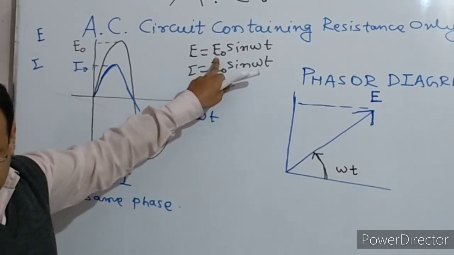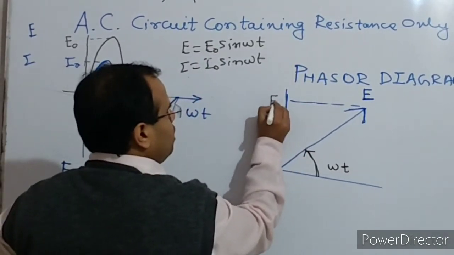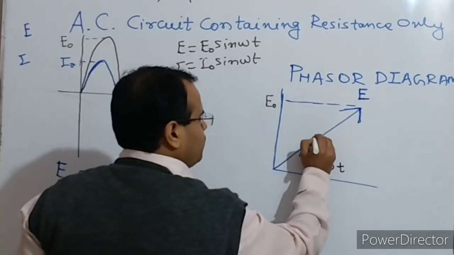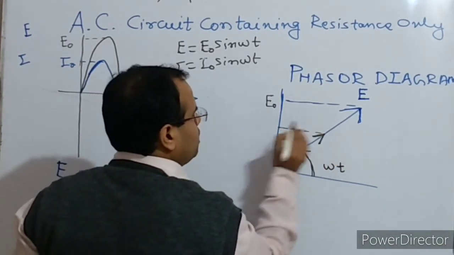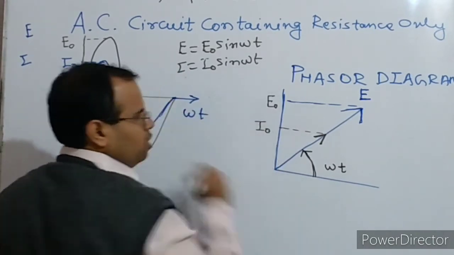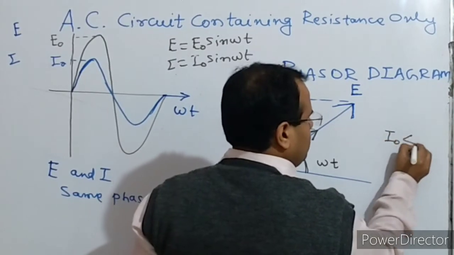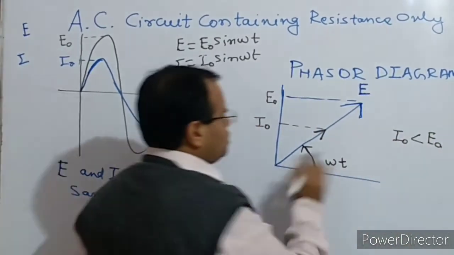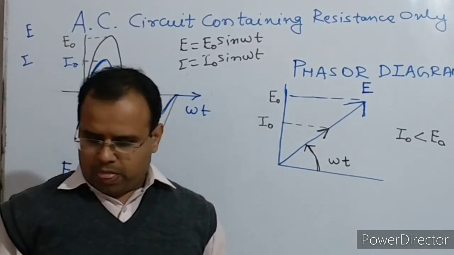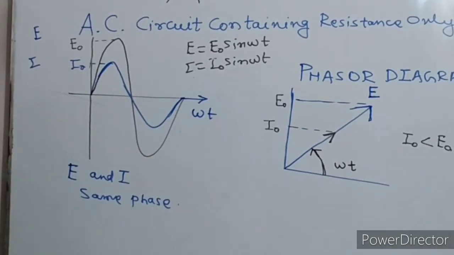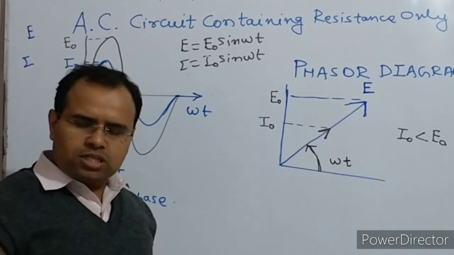So the peak value of EMF is E naught, and the peak value of the alternating current is I naught, and it is obvious that I naught is less than E naught. This is how we can represent it in the form of a phasor diagram. This is how the alternating circuit behaves when the resistance is connected.